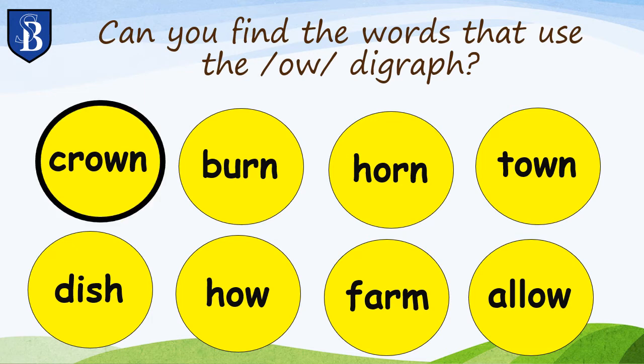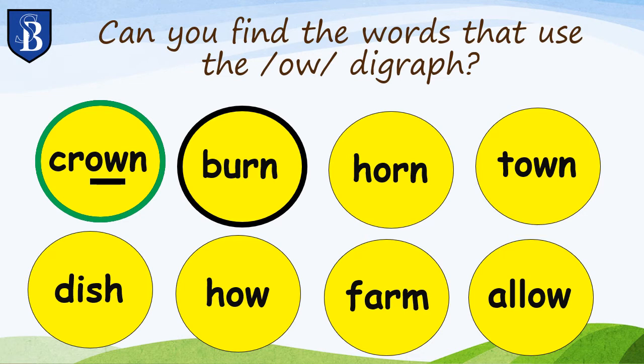Our first circle has the word crown, and yes, it does have the ow digraph. There it is, an O and a W. Crown. Our second circle, do you think that this has the ow digraph? That's right, it doesn't. It has the ur digraph. Burn.